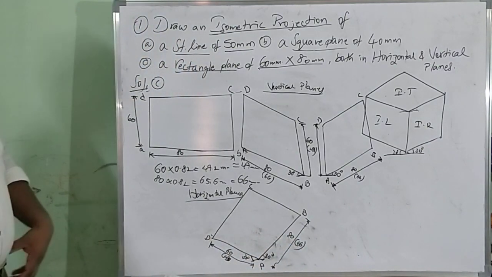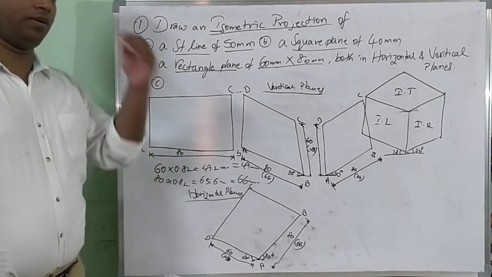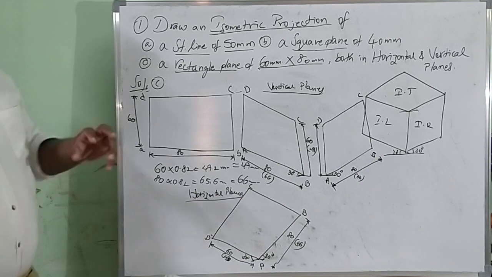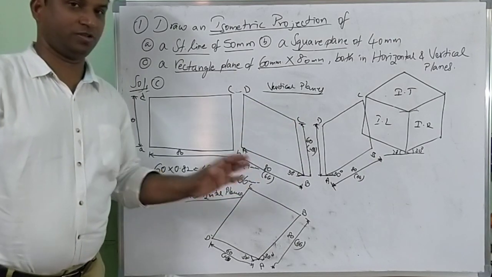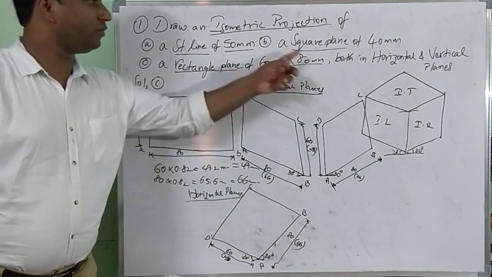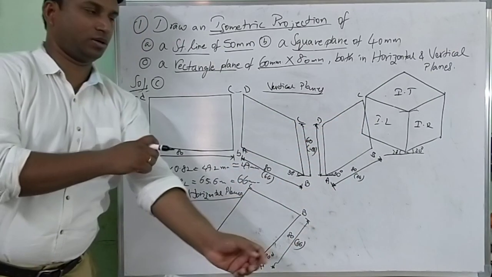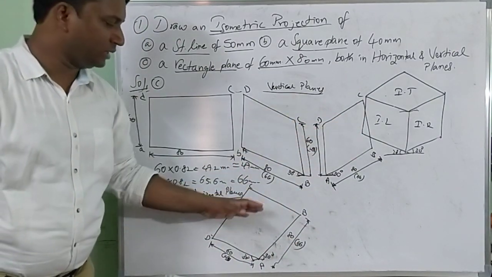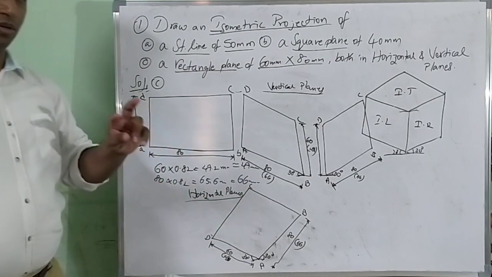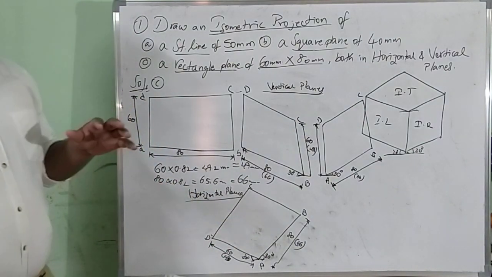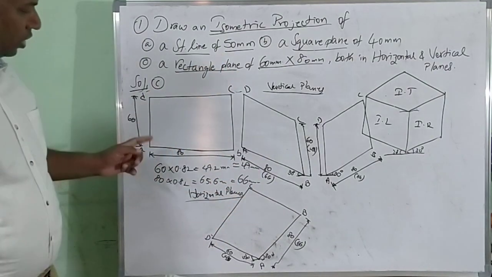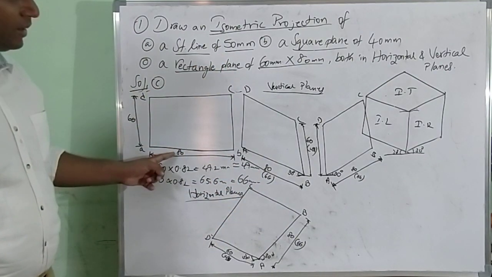For horizontal plane, ISO top, length and breadth. Think here, when you have to observe what it is. For the previous, there are only 3 squares. For the square, we have drawn ISO top, ISO left and ISO right. Here also the same: ISO left, ISO right, vertical planes, horizontal plane, ISO top. But one thing which you can do as an extension of this answer is, in ISO top, we have used 60 by 80.